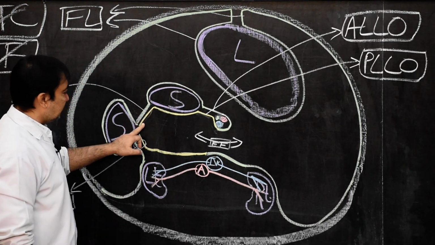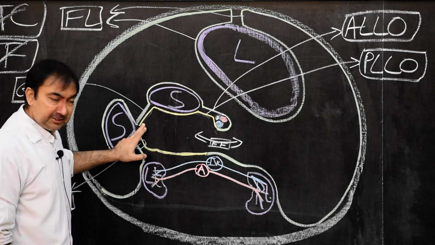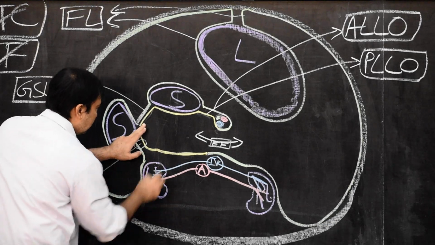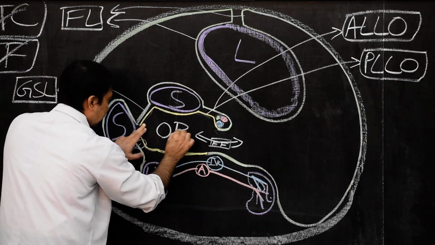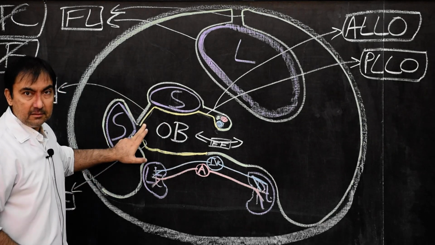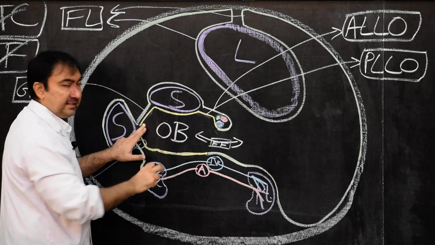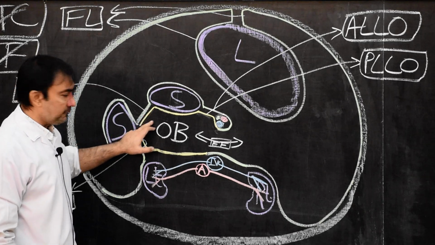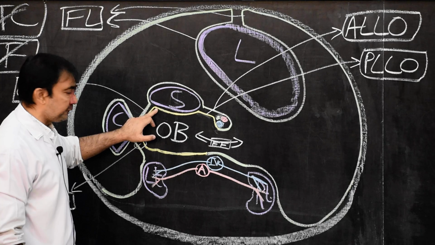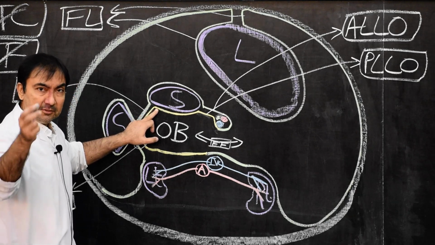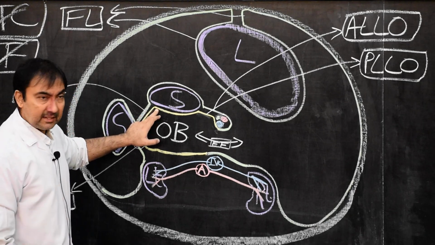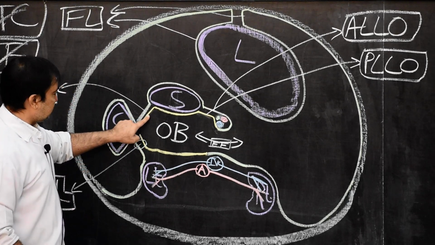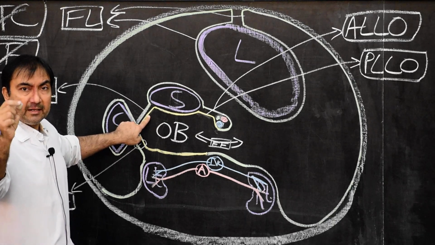And here, as it continues towards the spleen, this peritoneum lining the omental bursa, now this is the omental bursa or lesser sac. So this peritoneum, which is now lining the posterior inferior surface of the stomach, is also the peritoneum lining the omental bursa. It will be reflected towards the spleen as the posterior layer of gastrosplenic ligament.